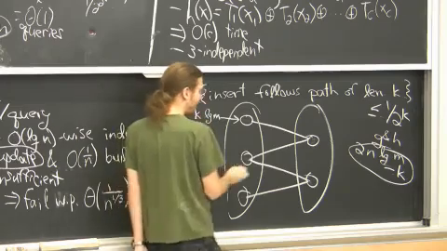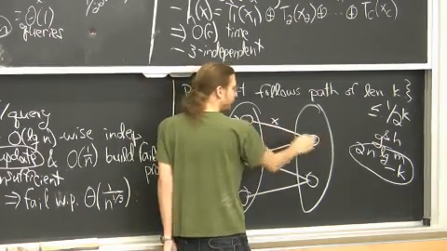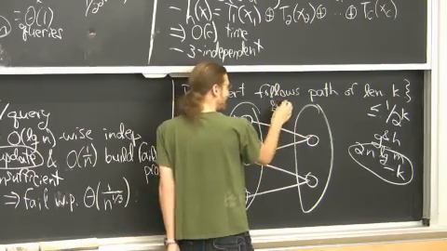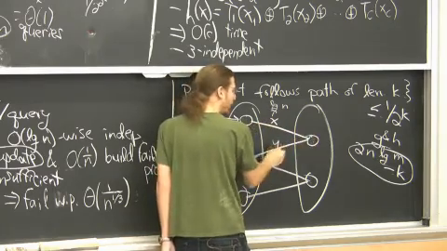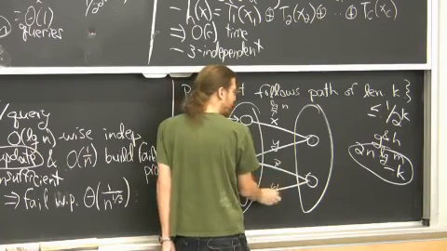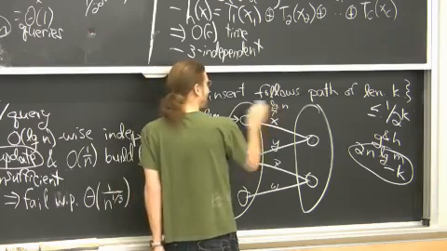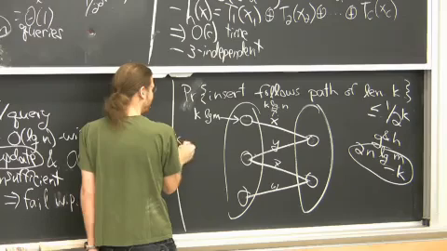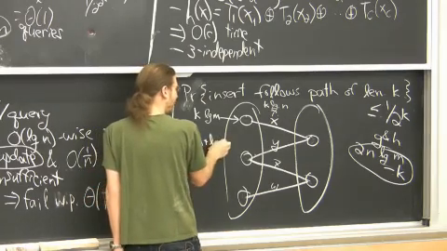Then I need to say that it's actually x, this particular key that corresponds to this edge. So I've got to write that down. That's going to take log n bits to say that x is the guy for the first edge, then y is the key that corresponds to the second edge of the path, then z, then w. But nicely, things are ordered here. So it only takes me k log n to write down all these guys. So I get k times log m plus log n.